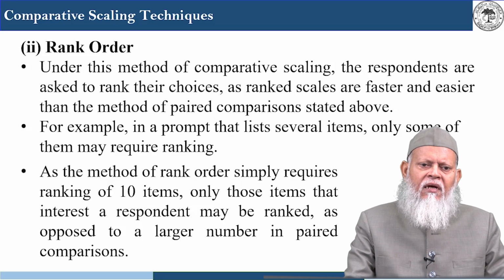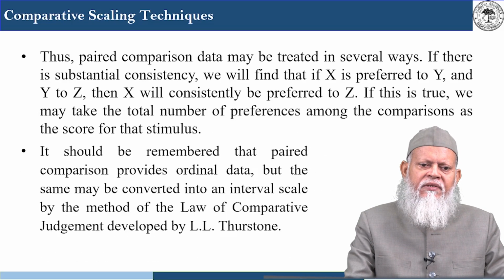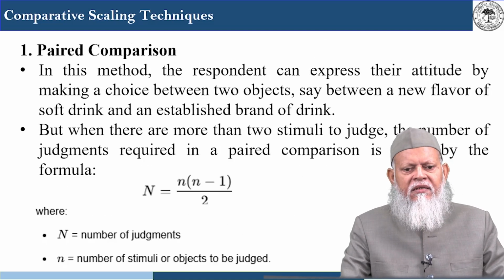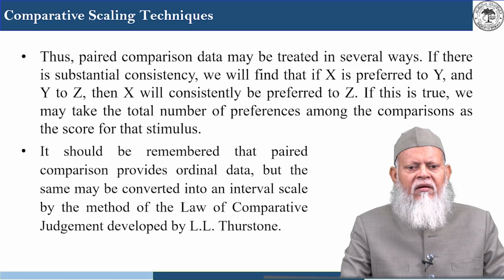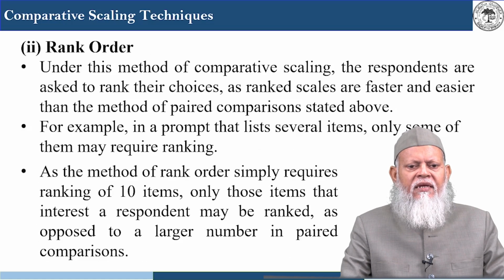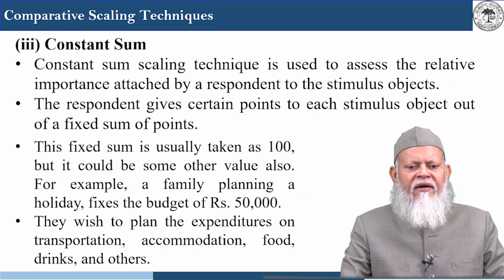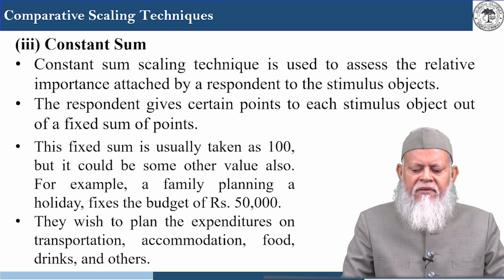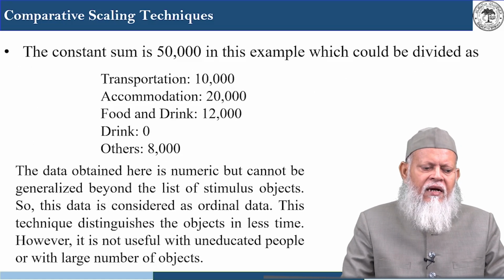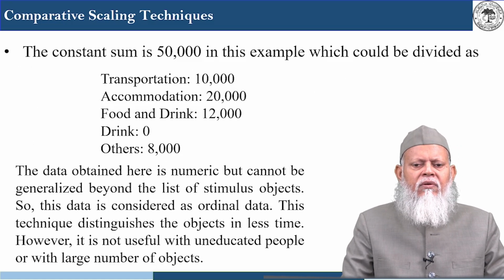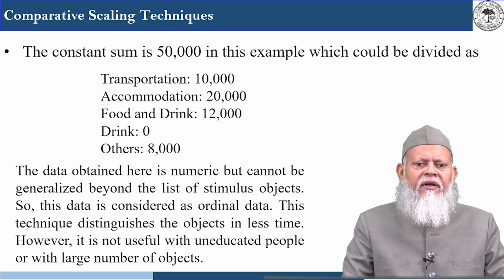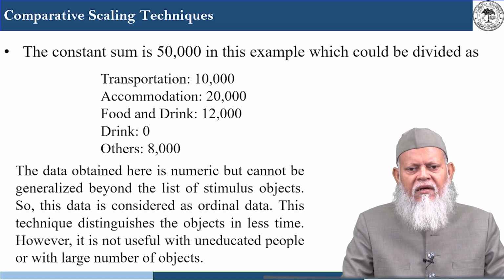So, in these comparative scaling techniques, we have covered the paired comparison technique, which is also not very difficult. Then we have covered the rank order, and then we have covered the constant sum techniques. I wish I have been able to clearly explain to you what these comparative scaling techniques are.